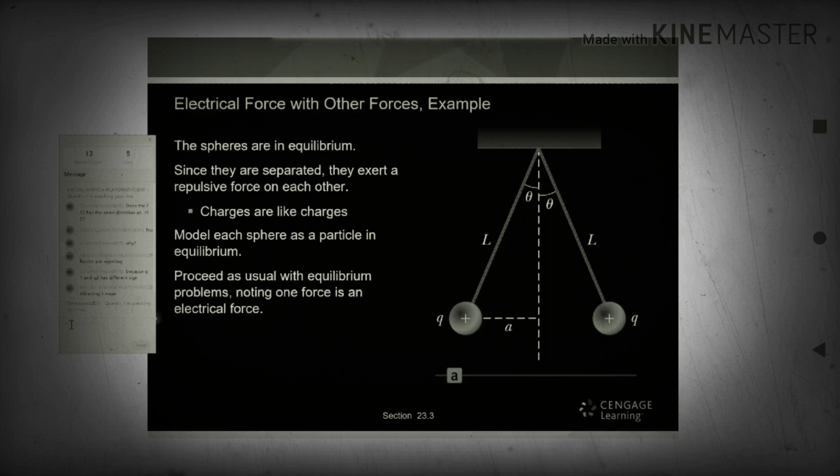Can you tell me, for the Q on the left side, how many forces are on it? Can somebody tell me? What are they?